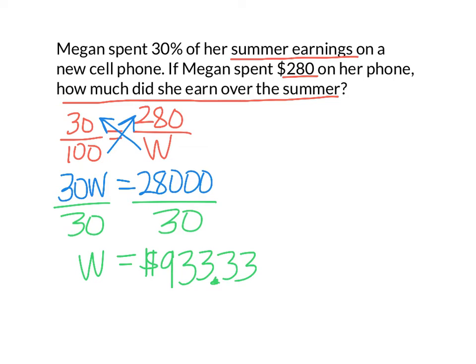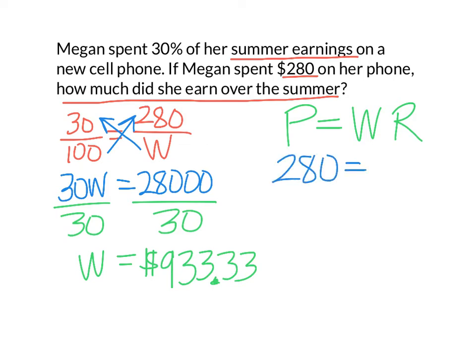So now let's see that as a percent equation. So power, part equals whole times rate. Let's go ahead and put in the part, which was the 280, equals the whole, which we don't know. Now usually we put the variable at the end. So the rate is 30%. Now remember, to turn a percent into a decimal, we do 30 divided by 100 on our calculator, and that gives us 0.3.